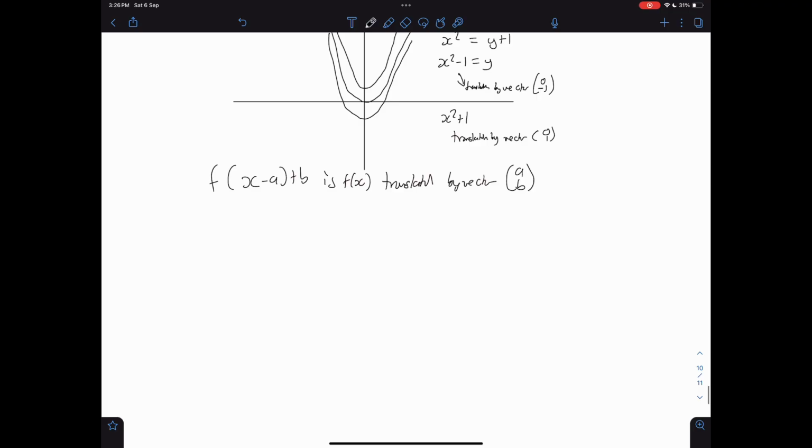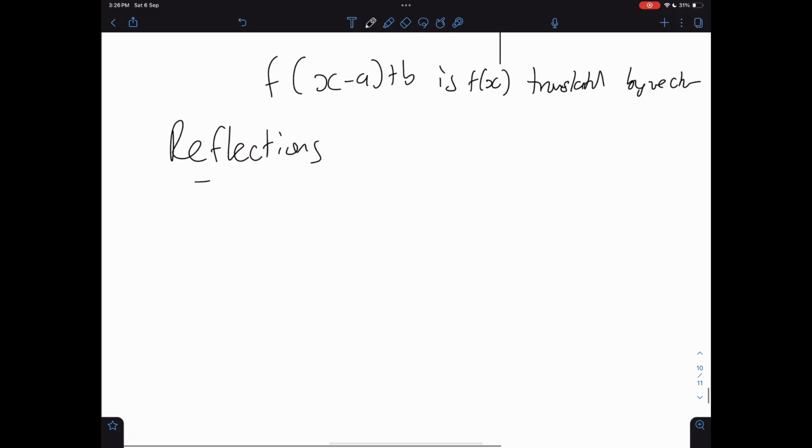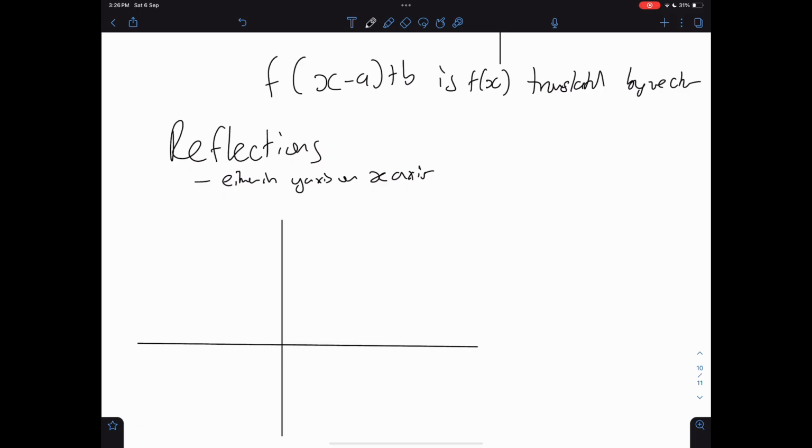Next, we will do reflections. And they can either be in the y-axis or x-axis. So let's take a look at our previous example of x squared minus 2x plus 1.